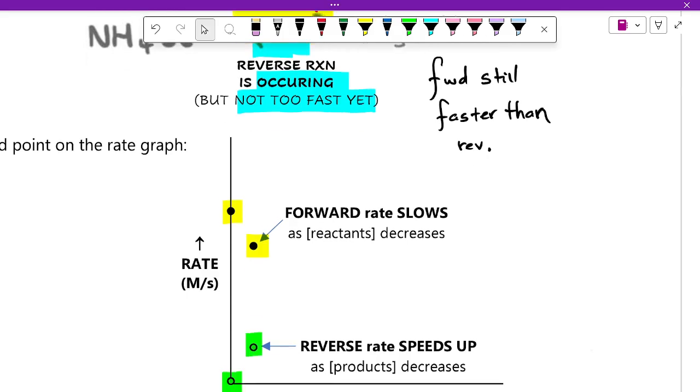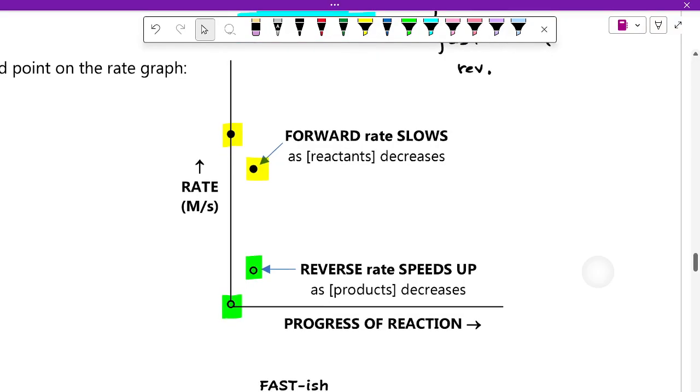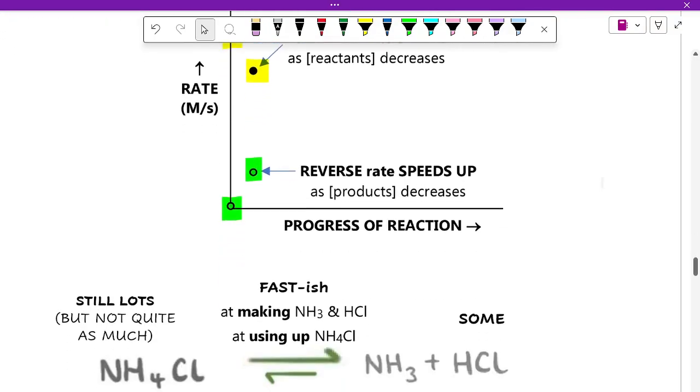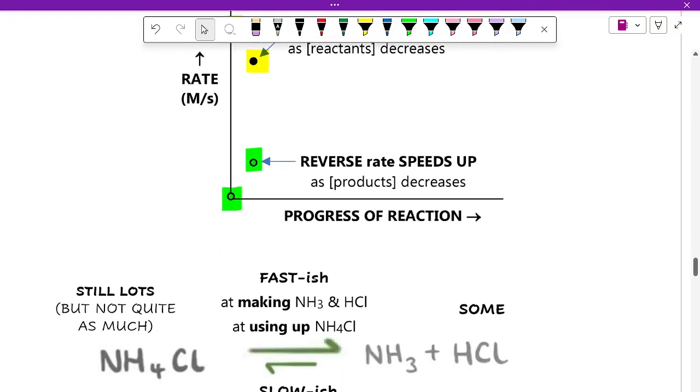Okay. So we have a fastish rate going forward. Should make that yellow to be consistent. Fastish forward rate and a slowish reverse rate.